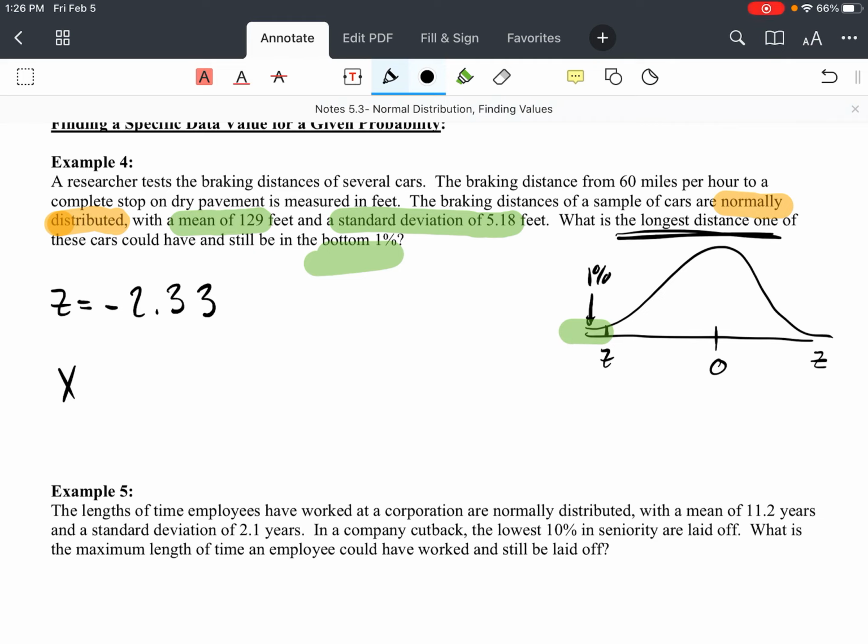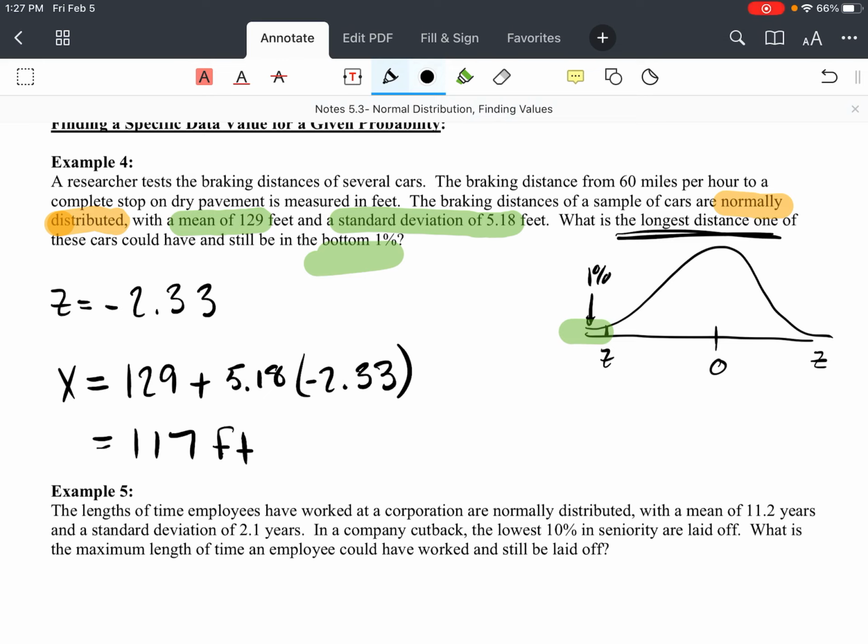Now, we want to go ahead and calculate the x value. So what is the longest distance? That tells us that it's looking for an x value. So we're going to say x is equal to the mean, which is 129, plus the standard deviation, 5.18, times the z-score, negative 2.33. And we come up with approximately 117 feet.